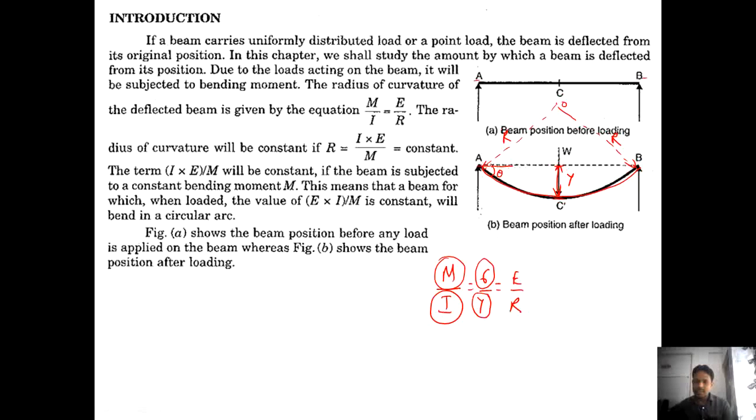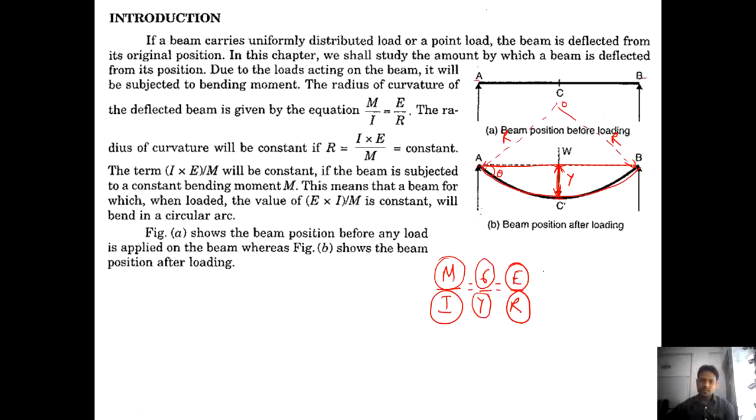Initially the beam is at a straight position, this is the neutral position, and then the beam gets deflected by this amount. So Y is the distance between the deflected and neutral position. Then E is Young's modulus, and R is the radius of curvature of that beam when it is deflected.